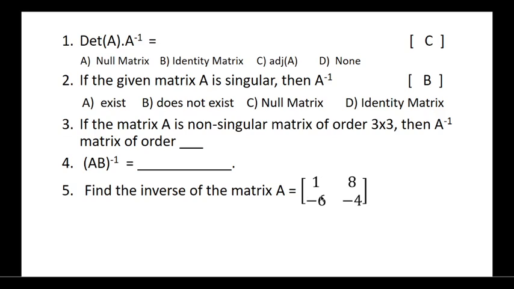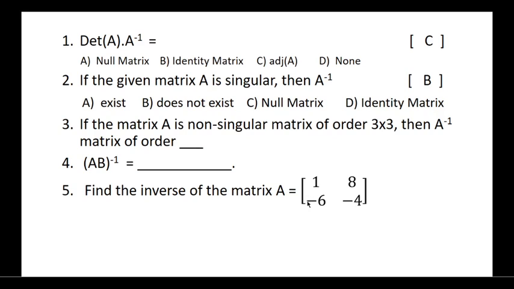The minor of 1 is found by eliminating its row and column, giving minus 4. The minor of 8, eliminating its row and column, is minus 6. The minor of minus 6 is 8. The minor of minus 4 is 1.